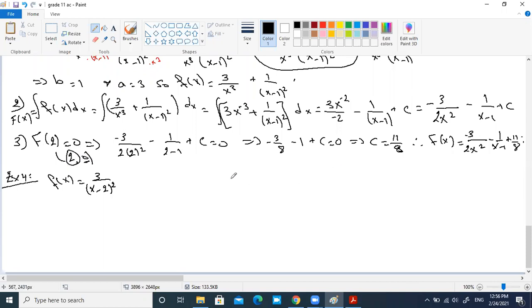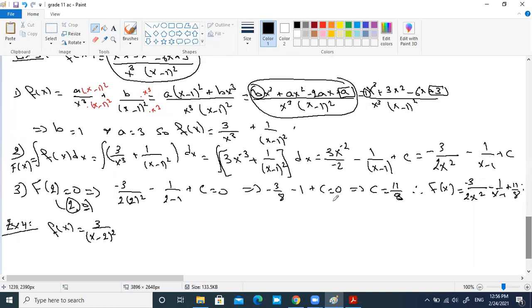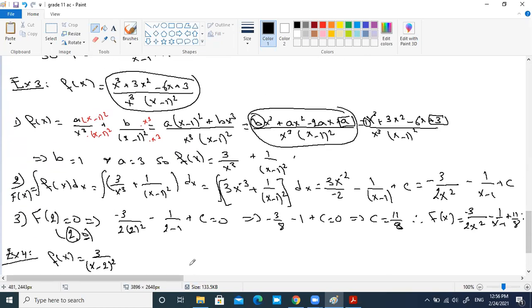Okay. Even another thing: maybe the curve of f cuts the curve of f at a point of abscissa 2.